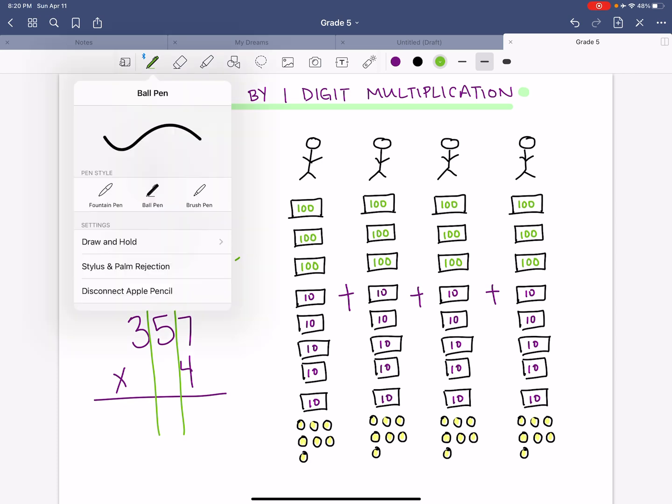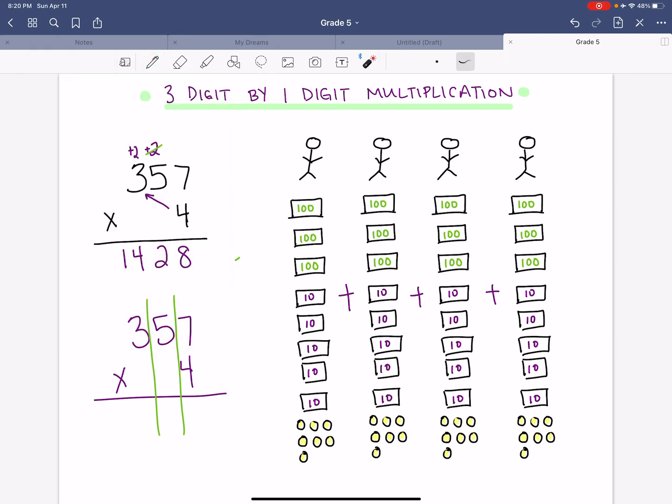So the order that we go in is we're going to do 4 times 7, and then 4 times 5, and then 4 times 3. And when we add our digits on the bottom, so let's just say we had 4 times 7, which would be 28. The 8 stays down, but that 2 carries to the top. And we put that little plus sign to help us to remember that.